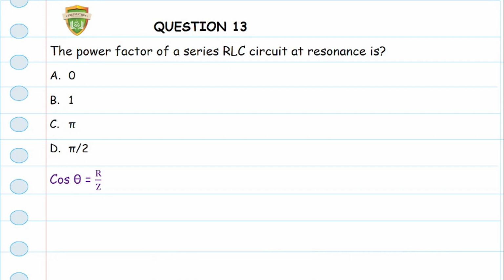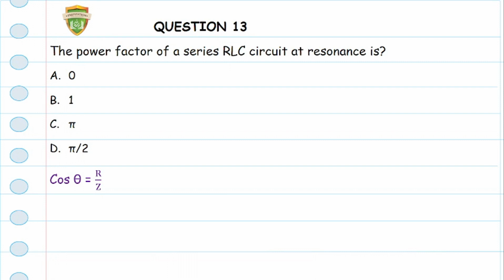But now the question mentions something interesting: the series RLC circuit is at resonance. A series RLC circuit at resonance is purely resistive, as the reactances of the inductor and capacitor are the same and cancel. So the impedance of the circuit is basically the resistor's resistance.